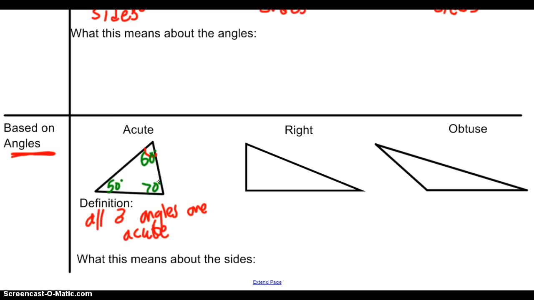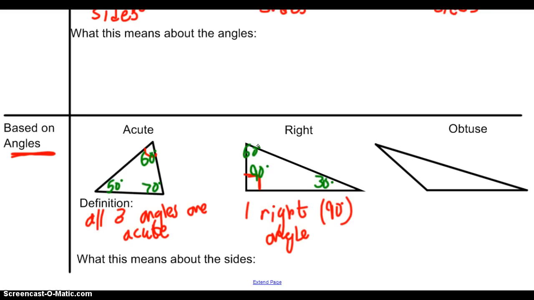They're all acute. A right triangle, remember, is a triangle with one right angle. One right, remember, 90 degrees angle. So, for example, this could be a 90-degree angle. We could have, I don't know, a 90, a 30-degree angle, and a 60-degree angle.